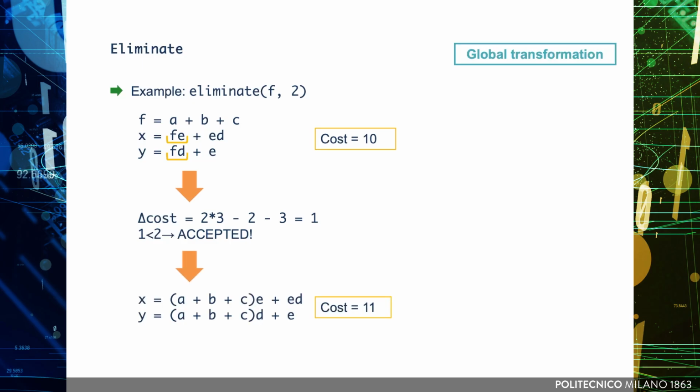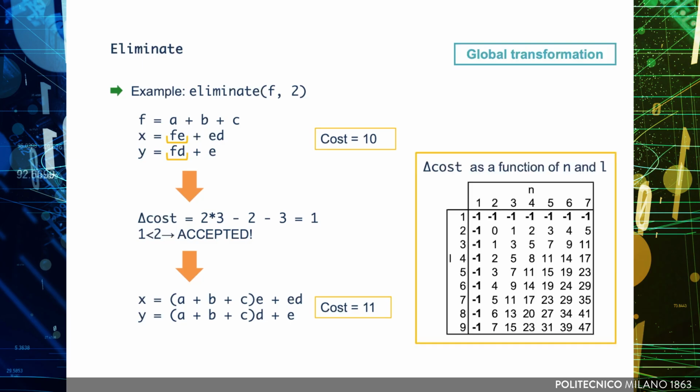We then rewrite the equations of the circuit description accordingly. Note that the resulting expressions are not yet in two-level form. This normalization can be handled later by applying the simplified transformation. Finally, the total cost becomes 11 literals, as expected, since we had previously computed a cost increase of 1 unit.